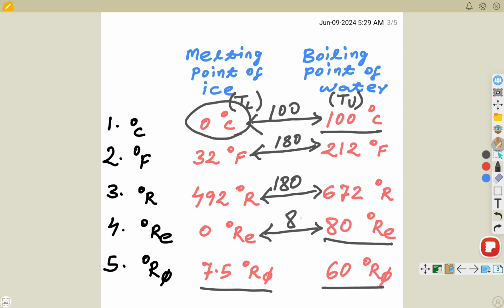Here this difference is 80, and in case of the other Reaumur scale, the difference is 52.5. Now, using these limits and these differences in the melting point of ice and the boiling point of water, let's study some important conversions of the temperature scales.